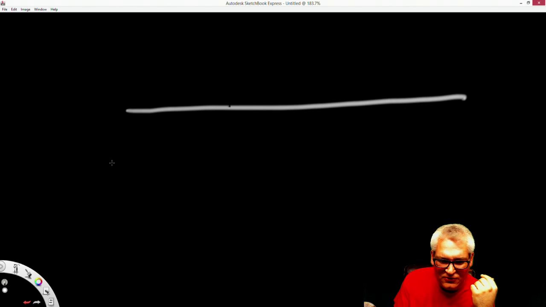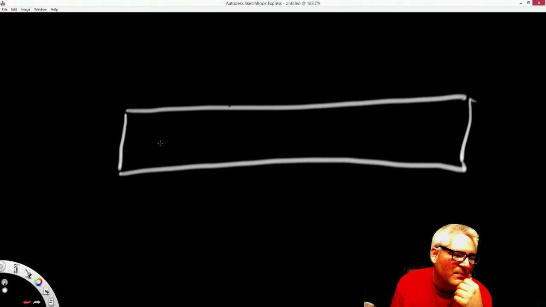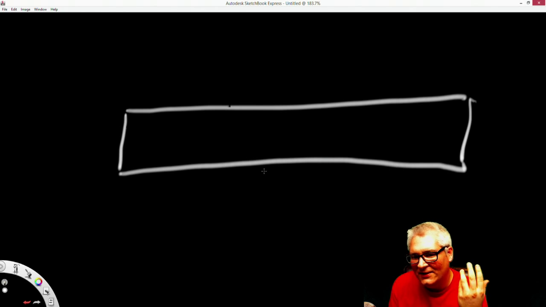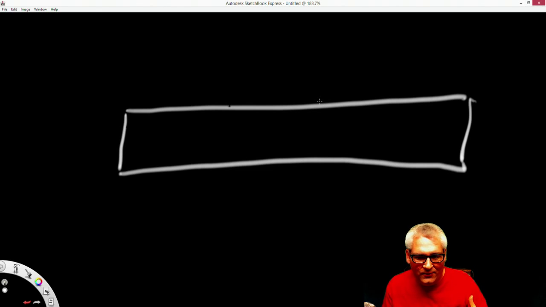So that's what we're going to do here. To describe resistance, we'll draw a pipe, just a regular old pipe. A small pipe will only let a certain amount of water through. A large pipe will let a lot of water through. It's just a natural thing. If they both have the same amount of pressure, they'll let water out at a different rate based upon the size of the pipe.